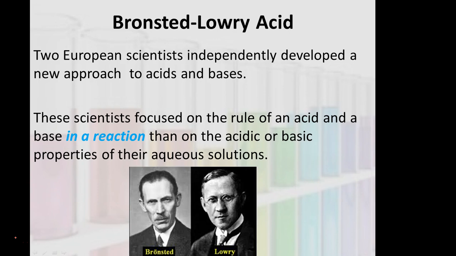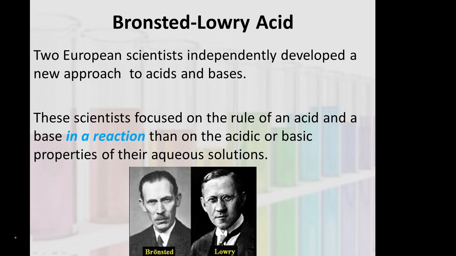So where we left off yesterday is looking at the Bronsted-Lowry theory for how acids and bases work. We talked about Arrhenius' theory of an acid yesterday, where he looks at hydronium ions being responsible for acidic or basic properties.